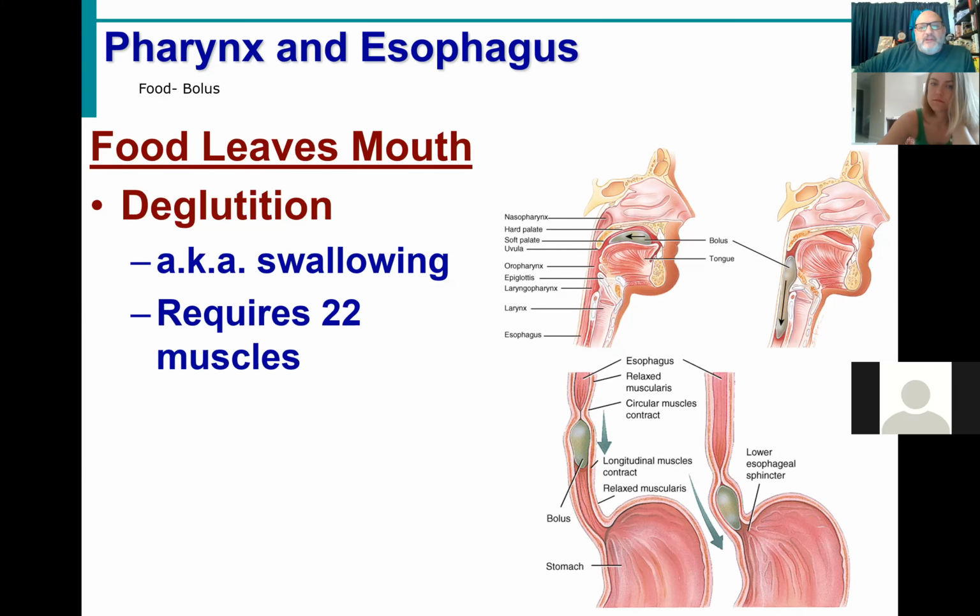You are taking the bolus with your tongue and presenting it to the posterior part of the oral cavity. But many of you have probably experienced, if you've been sucking on a Lifesaver or a Jolly Rancher or a piece of gum, and it went too far back, it may have accidentally triggered your swallow reflex and you swallowed that piece of candy down, right? So absolutely, it is not something we voluntarily control, but it is something we need to be conscious for.